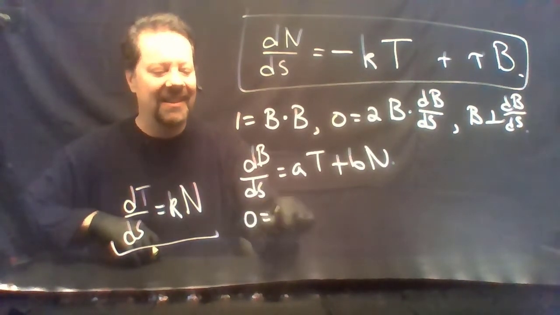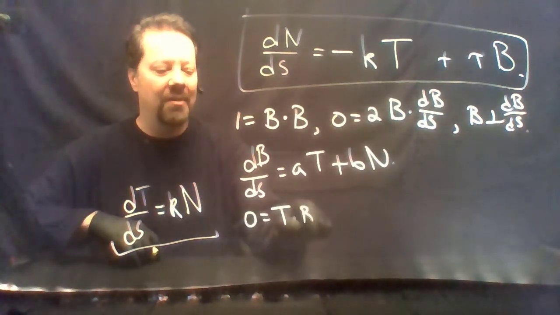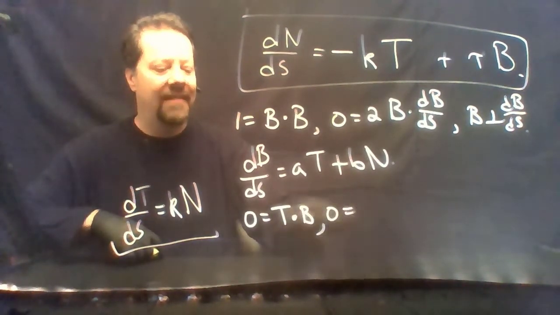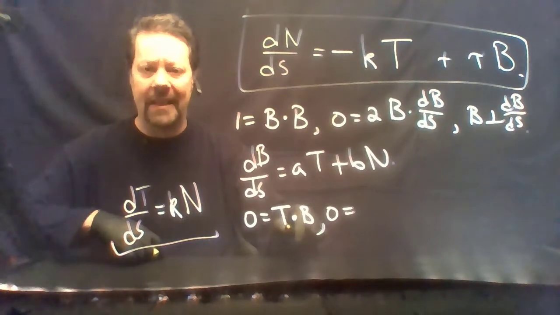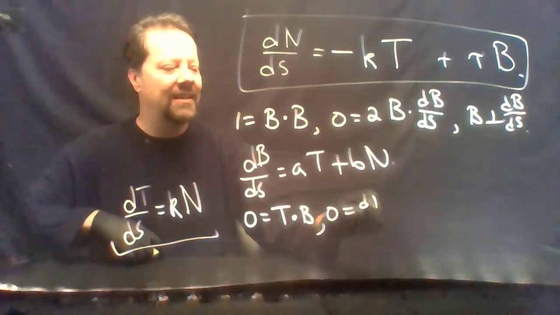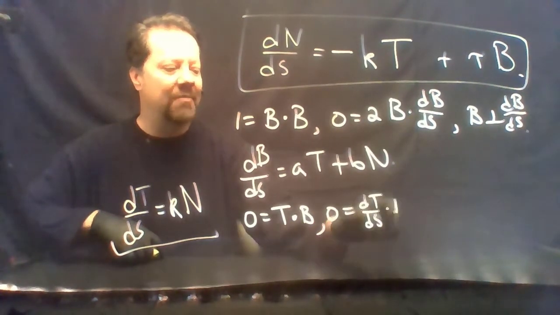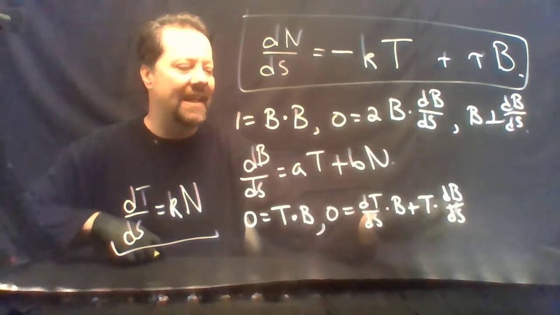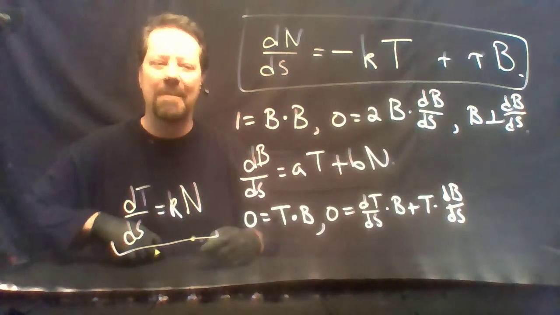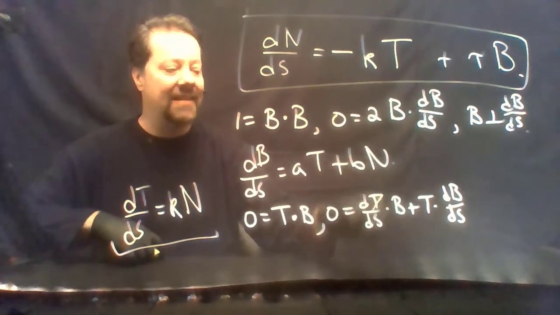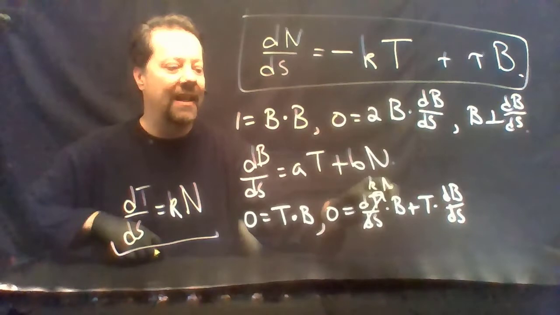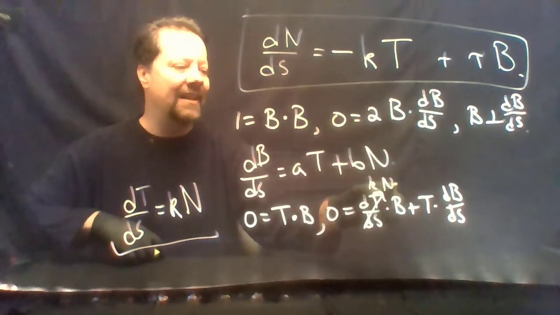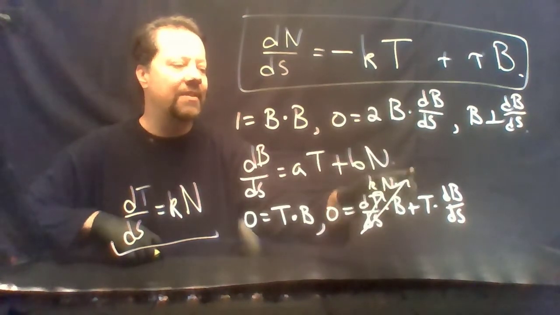Now 0 is t dot b, because they're orthogonal. That means taking the derivative and applying the Leibniz rule, dT/ds dot b plus t dot dB/ds equals 0. dT/ds is the curvature times n, according to the first Frenet formula, and if we dot n and b, we must in fact get 0.